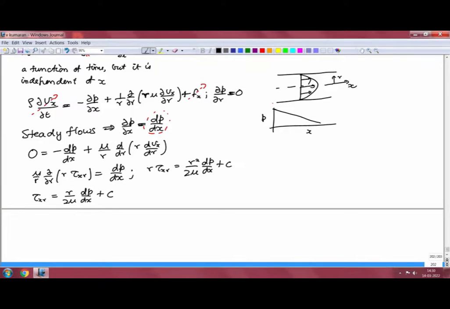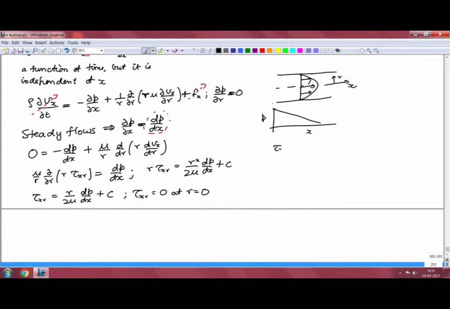That constant of integration is determined from the condition that the stress has to be equal to 0 at r is equal to 0, okay. The reason for that is as follows.